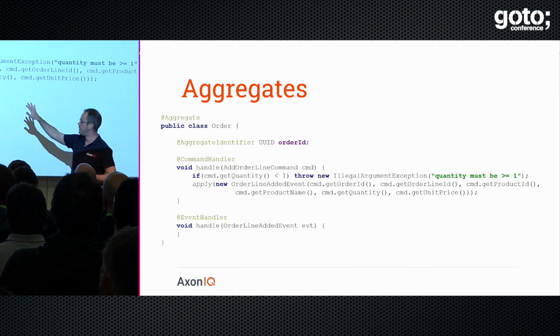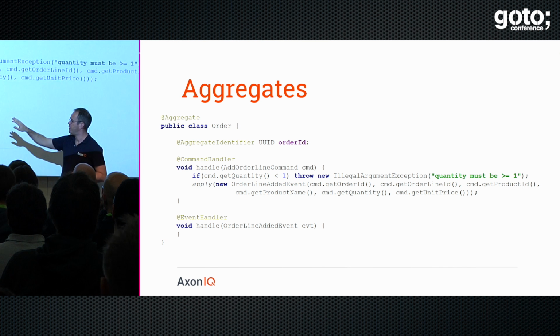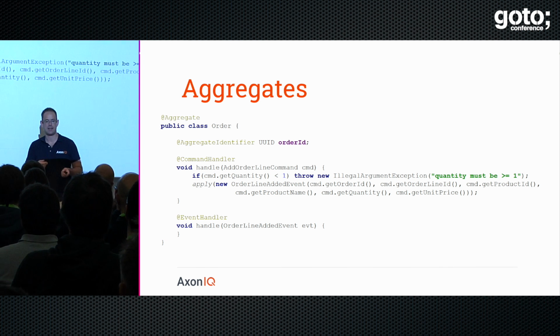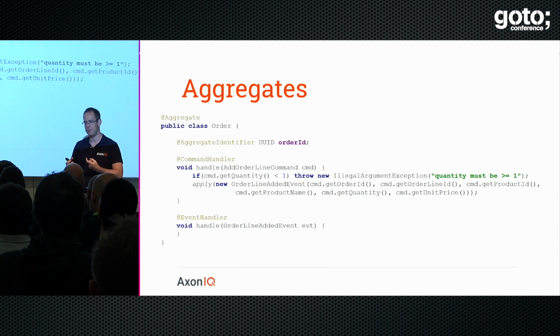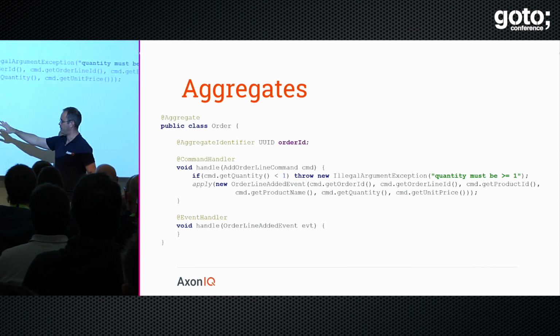So if they decide that everything is okay, they will call the apply method, which is a static method in Axon framework, and include all the information in the apply method that's needed to update the aggregate. Actual updates will be done inside an event handler.